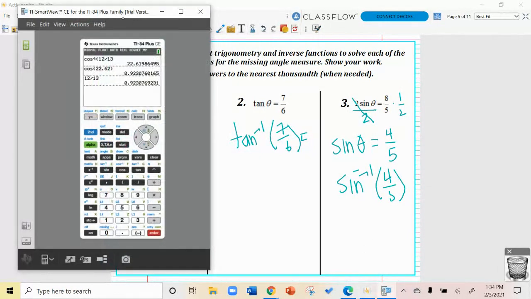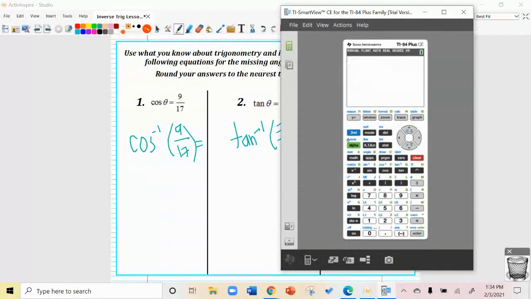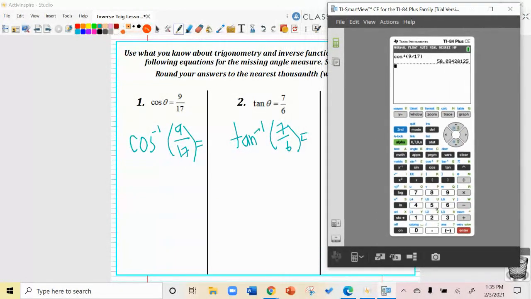I'll do it in this calculator. So cosine inverse, second cosine of 9 over 17. If you're not getting this, check the mode. So 58.034 for number 1.